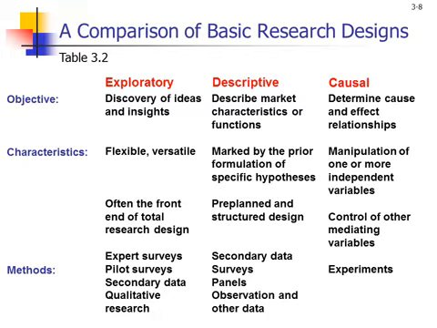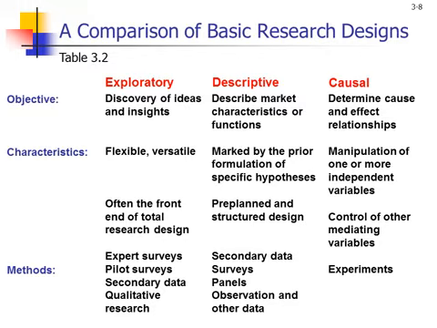We will make a comparison of their objectives, characteristics, and methods. The exploratory research objective is discovery of ideas and insights. But the descriptive research objective is to describe market characteristics or functions.